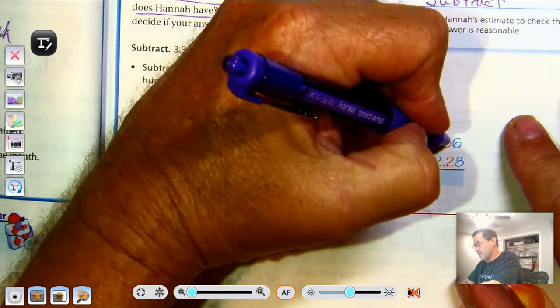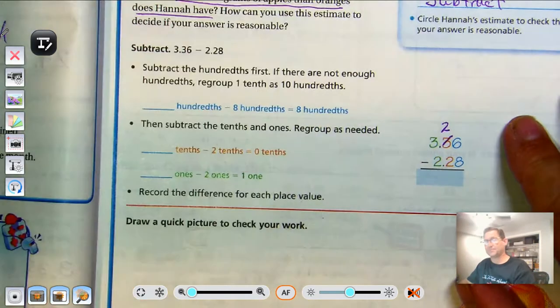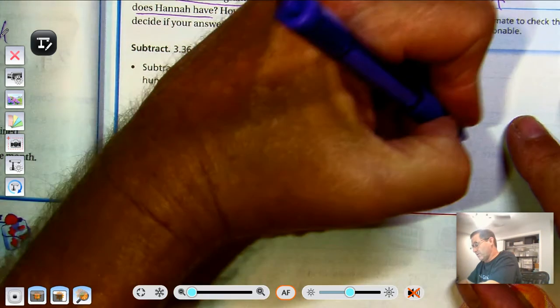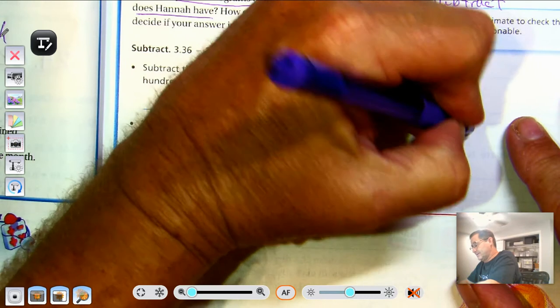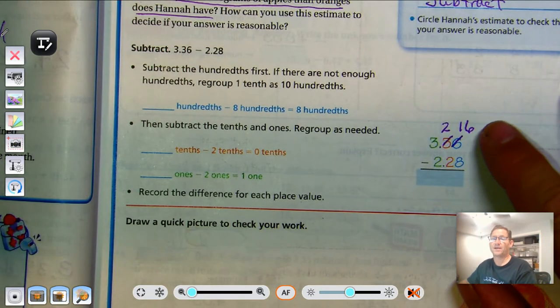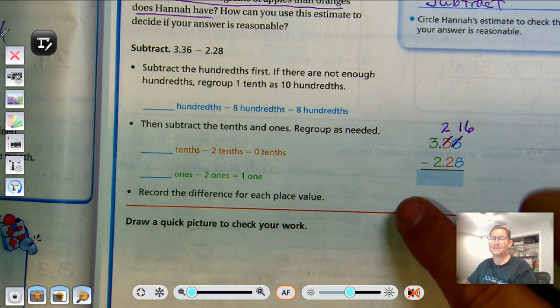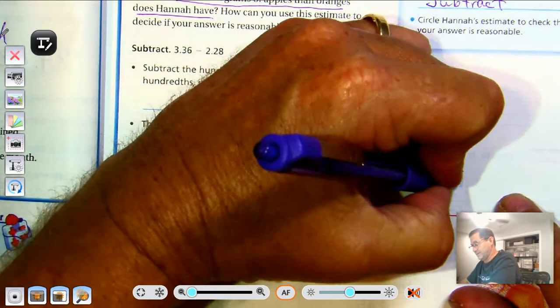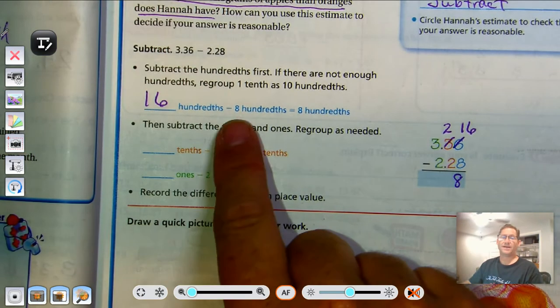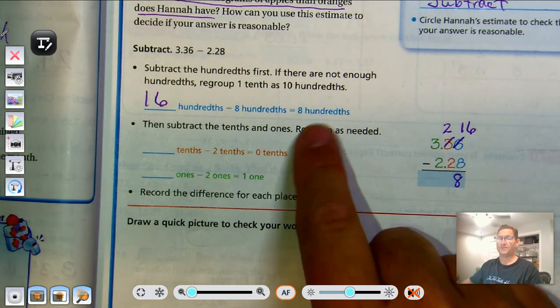So we're going to regroup from the tenths. So we have 2 tenths, and now we're going to give 10 hundredths to the hundredths place. So now we have 16 hundredths take away 8 hundredths. So 16 hundredths take away 8 hundredths is 8 hundredths.